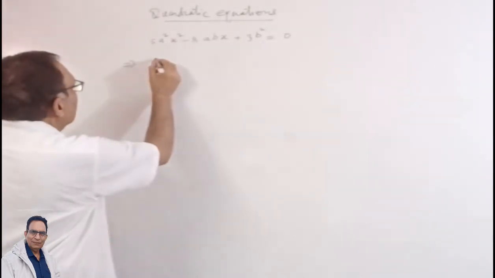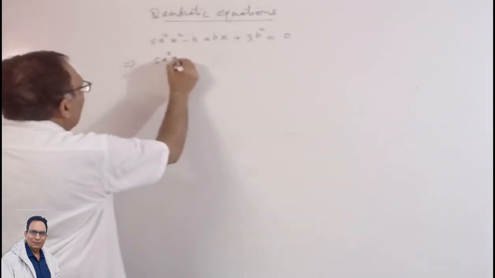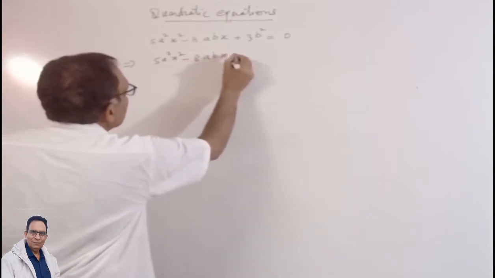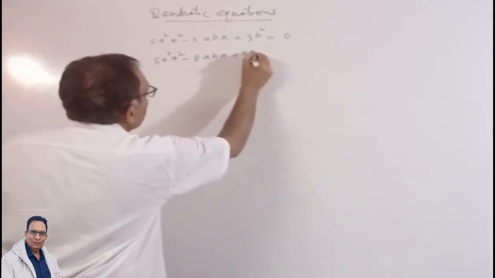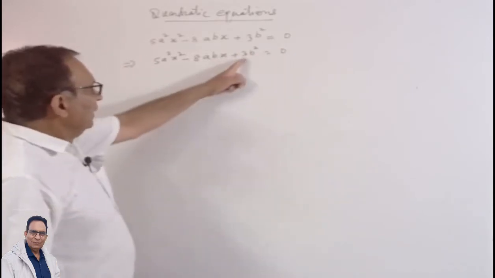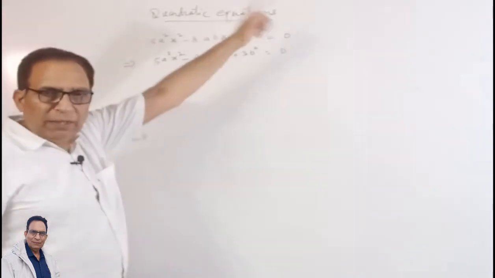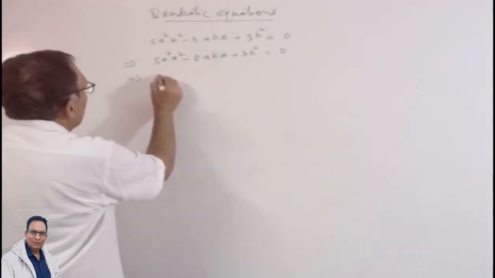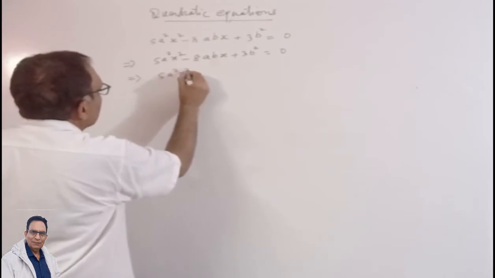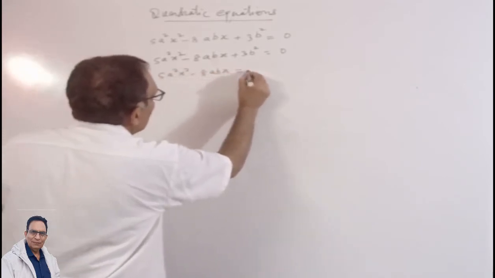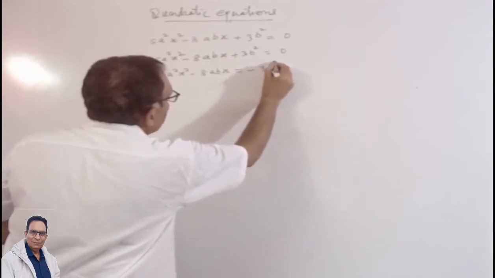I suggest you take 3b square to other side right now. So here I write 5a square x square minus 8abx is equal to minus 3b square.